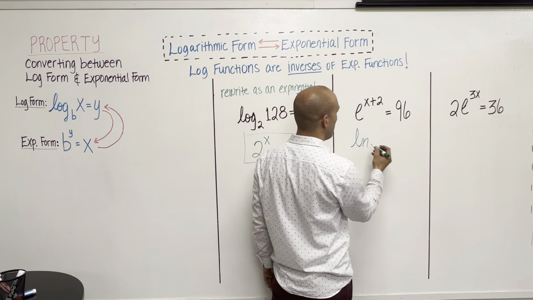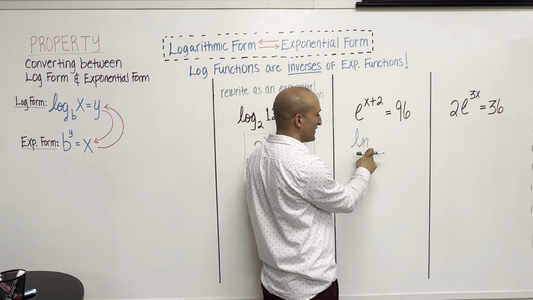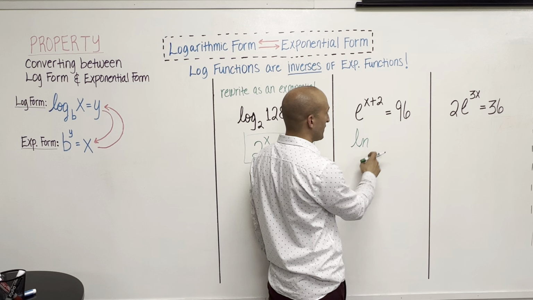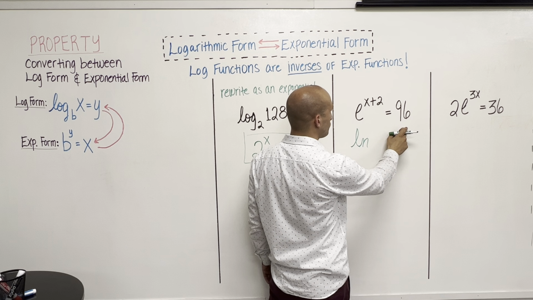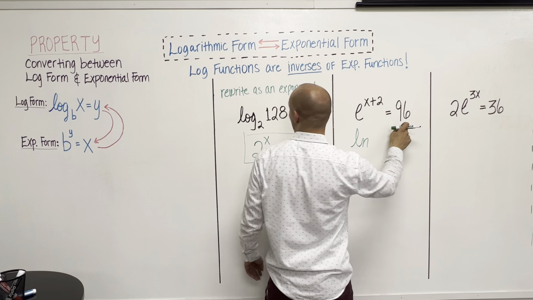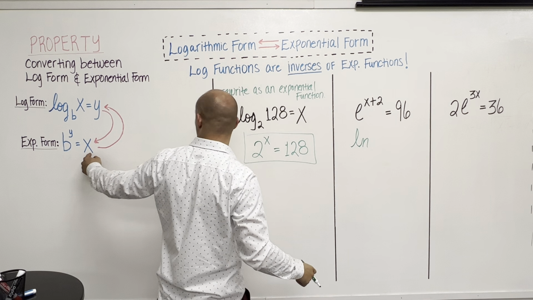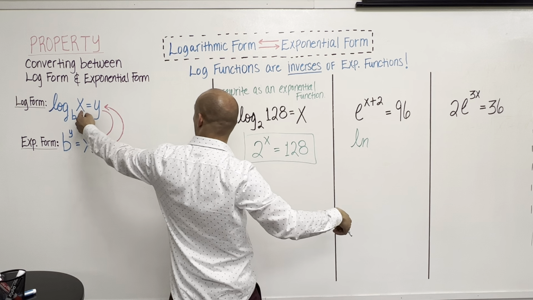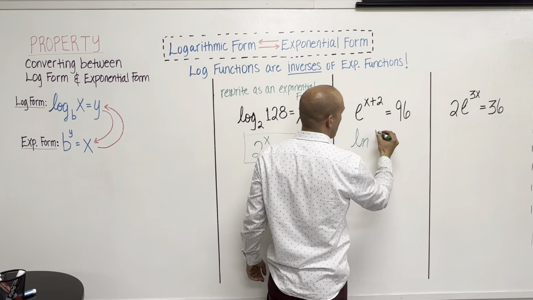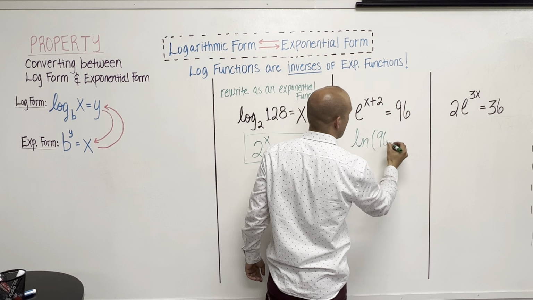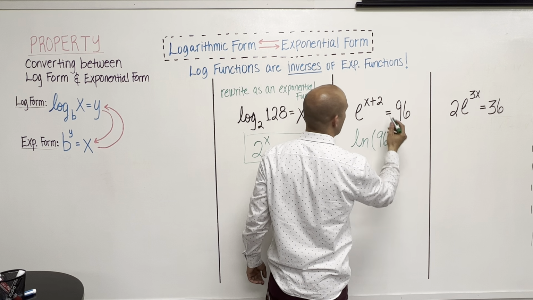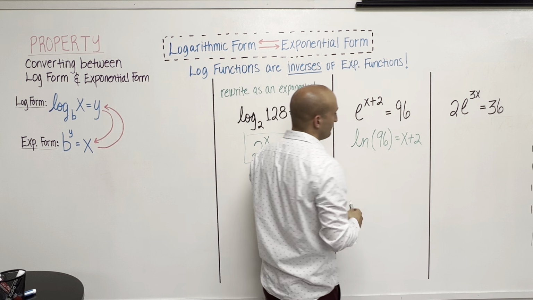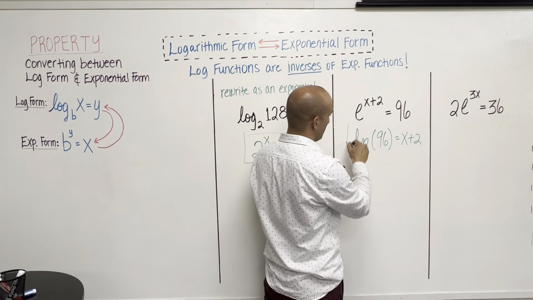So ln, and I don't have to write the base because we already know that the natural log has a base of e. We set it equal, so x is 96, so that's what we're going to take the log of. I put 96 here and set it equal to whatever my exponent is, in this case x plus 2. And that is it. It's that simple.